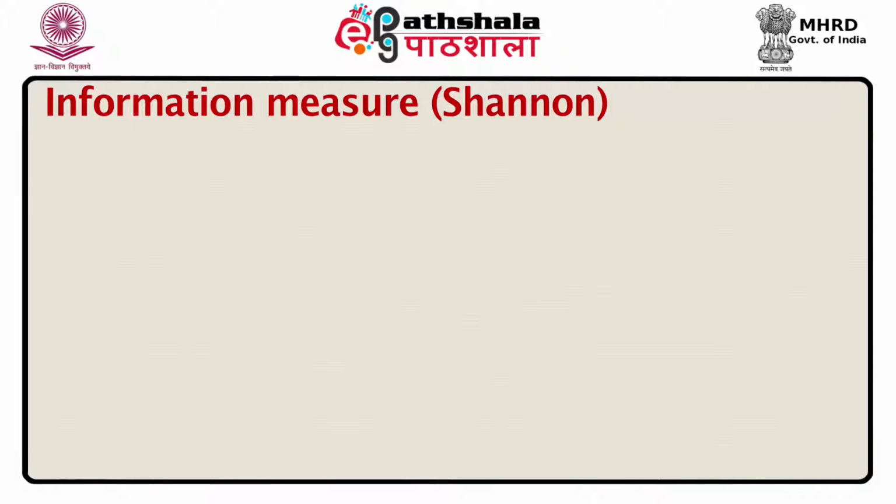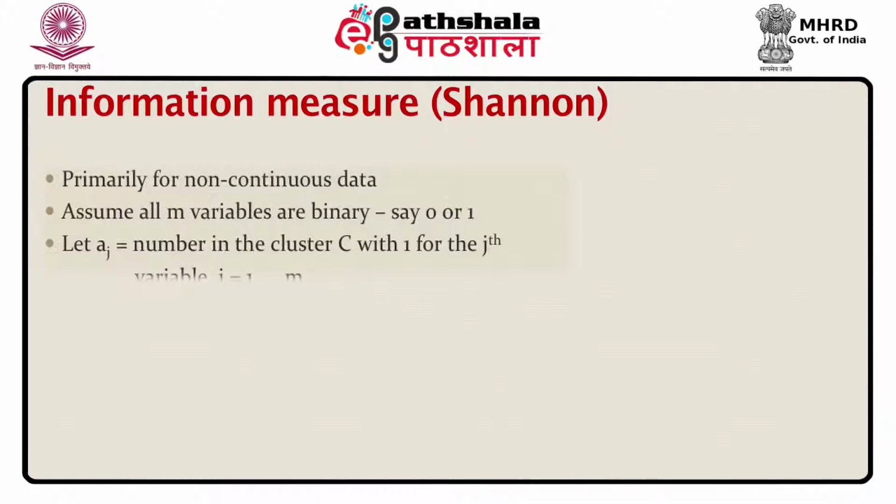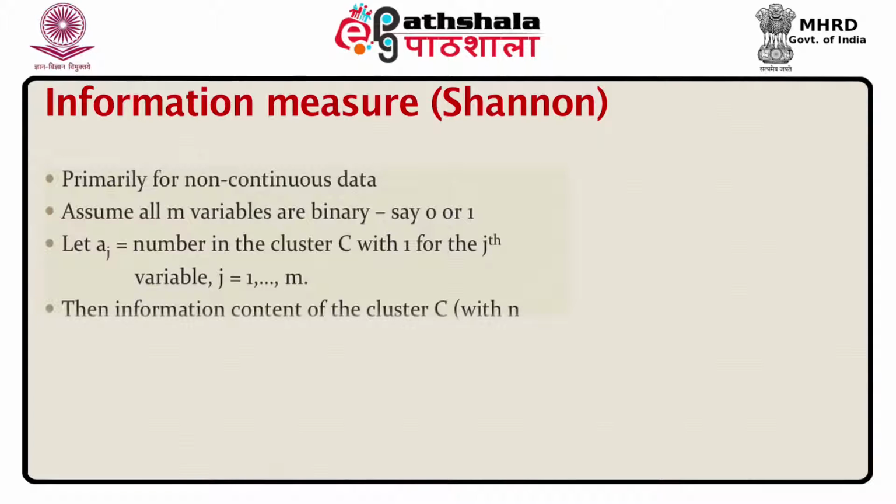The next measure that we discuss is the information measure as proposed by Shannon. Shannon's measure is primarily for non-continuous data. Here, suppose we assume that all the m variables are binary, either 0 or 1. Then let's define Aj as the number in the cluster C with 1 for the jth variable.